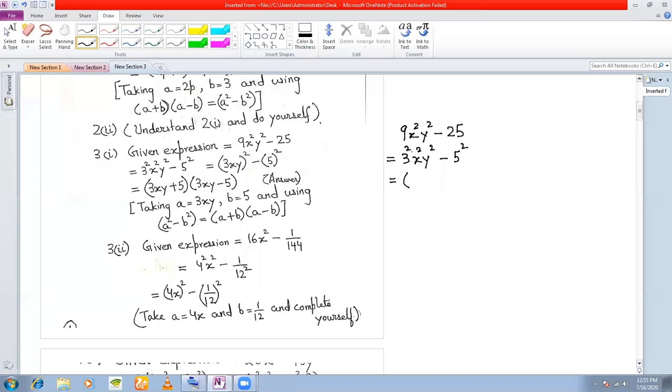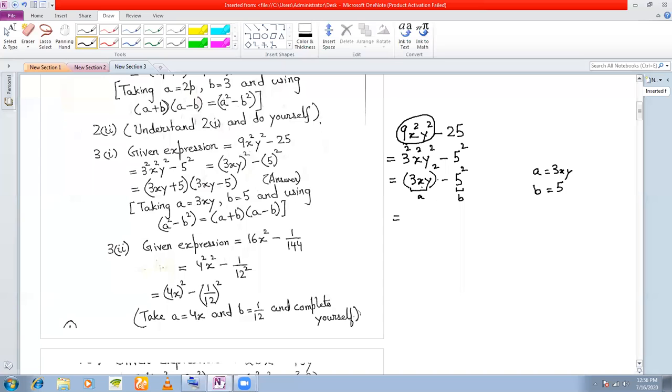So now this entire term can be written as (3xy) whole square, and this is 5 square. So clearly this is now a difference of 2 squares. This is of what form? a square minus b square, where a is 3xy and b is 5.